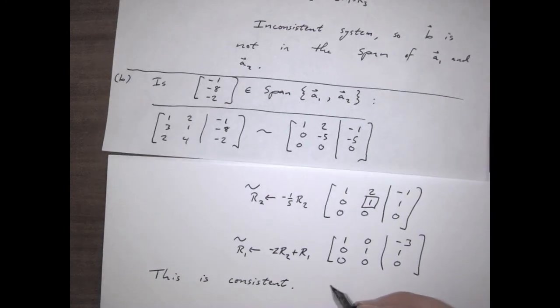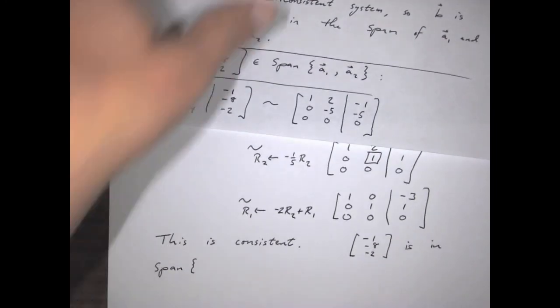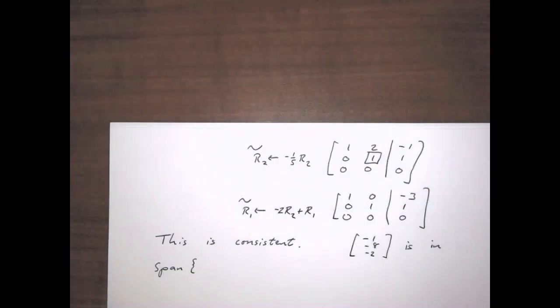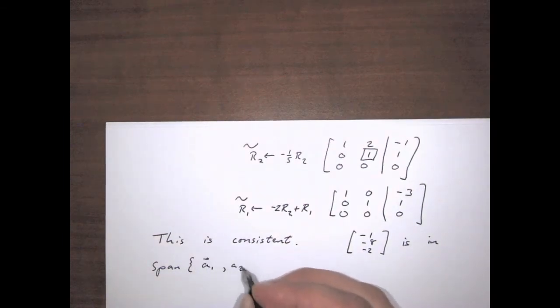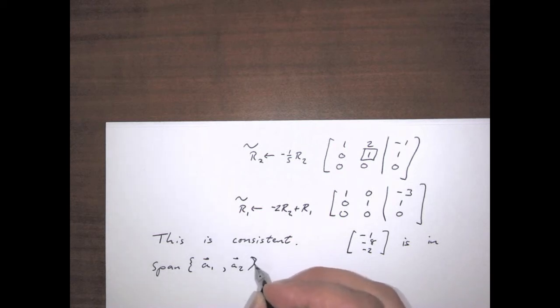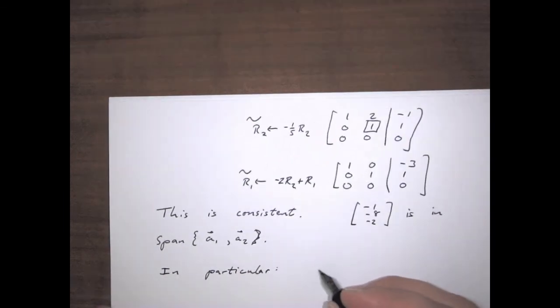This is consistent, which means that this new vector, -1, -8, -2, is in span of A1 and A2. In particular, we would have solutions.